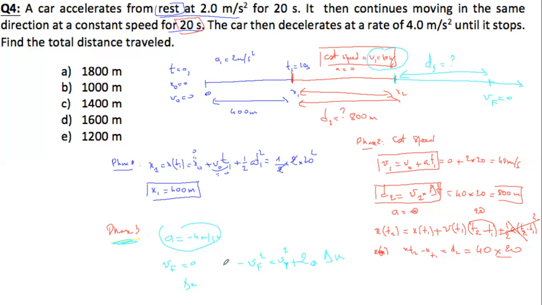So V final here is 0. So that means delta x is minus V initial squared divided by 2 times A. It will be minus, what is the initial speed? 40 squared divided by 2 times, what is the acceleration?